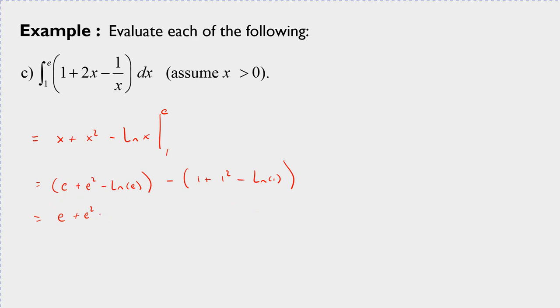Well, that's just 1. Minus, okay, 1 plus 1 here just gets me 2. And the natural log of 1 is 0. So you end up just getting e plus e squared minus 1 minus 2, minus 3. Just like that.